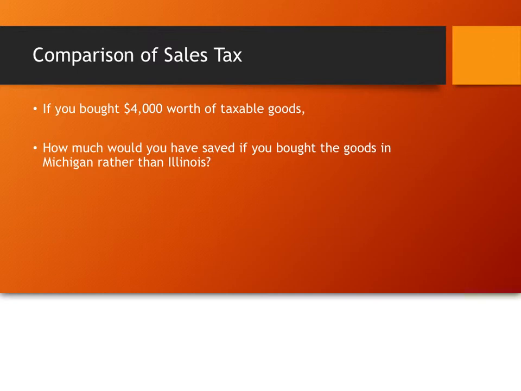Specifically, let's give us two states. The two states I talked about so far are Michigan, and by the way, Michigan, again, had a 6% sales tax rate. And we saw Illinois, which had a 6.25% sales tax rate.